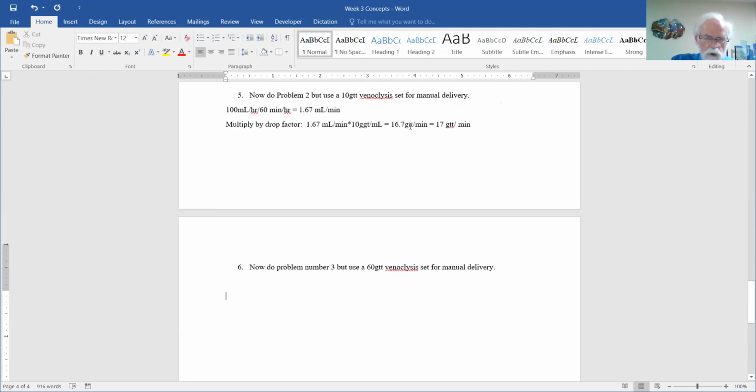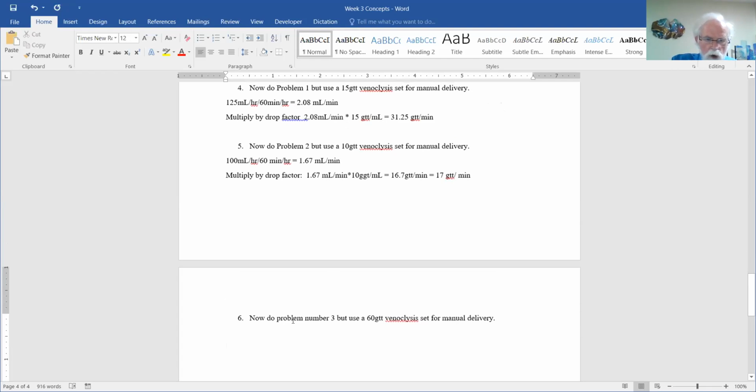We want to convert to milliliters per minute. So we've got 90 milliliters per hour divided by 60 minutes per hour, and that's going to equal 1.5 milliliters per minute.